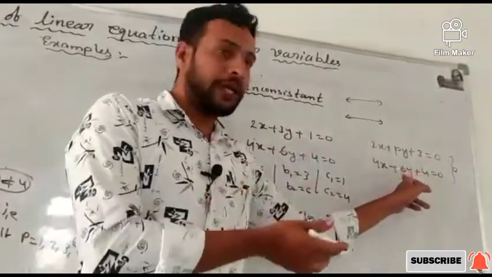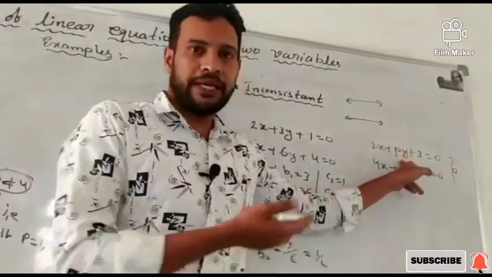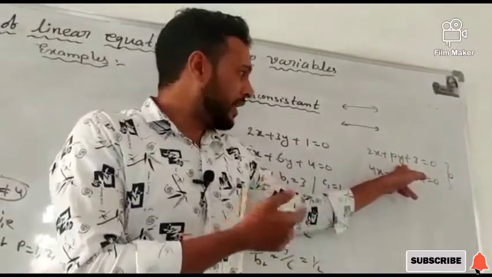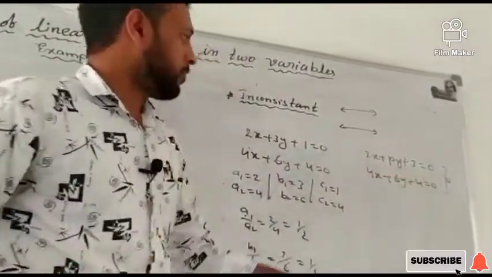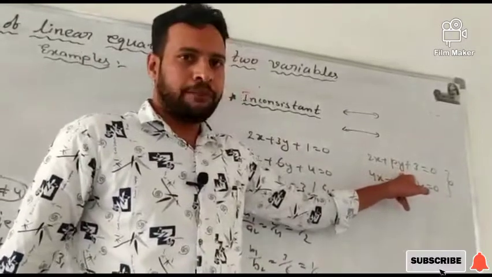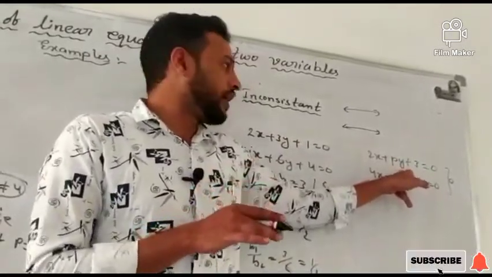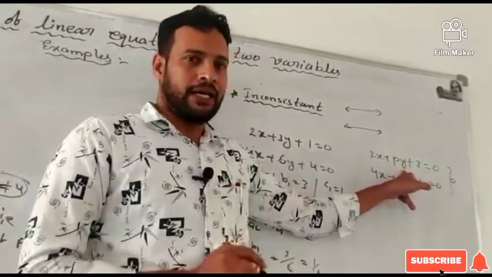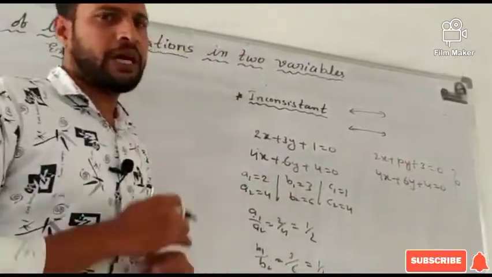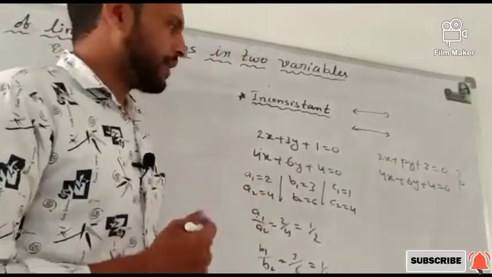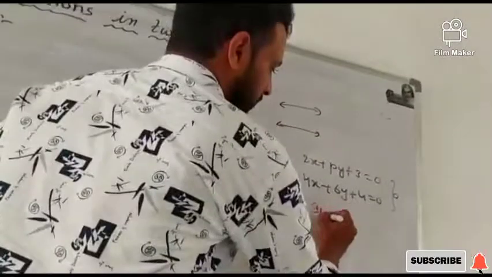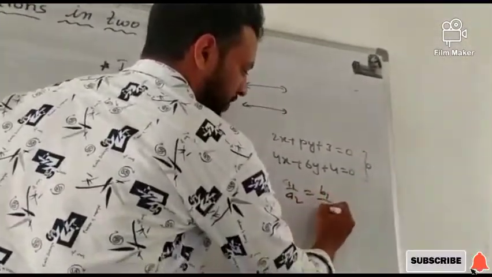Then find the value of p, or whatever it may be, k or x, y, z. So if you want to find the value of p, he has already mentioned that the given two lines are parallel. You know the condition to become parallel, I mean inconsistent, that is again a1 by a2 equals b1 by b2.